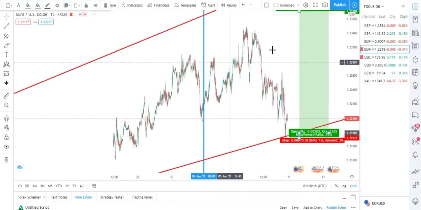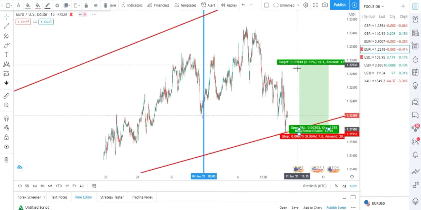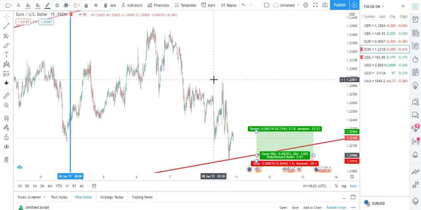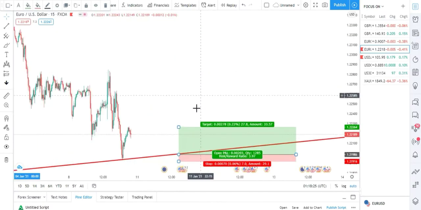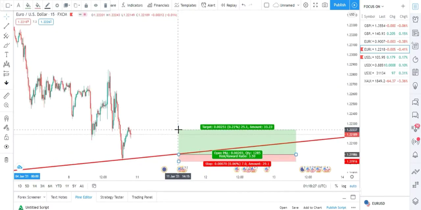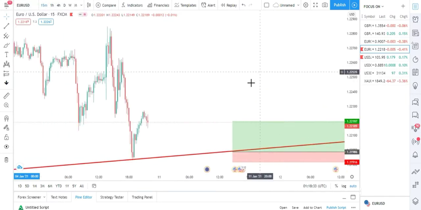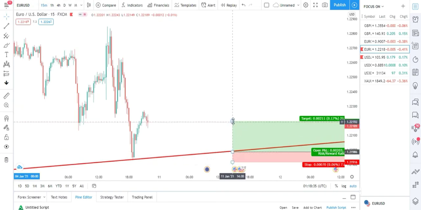But obviously I would love to have a proper 1-to-3 risk ratio, guys. So let me just do it for you here, a 3-to-1. Yeah, perfect. See, guys, if I put it, it would have hit my take profit and that would have been perfect, right?